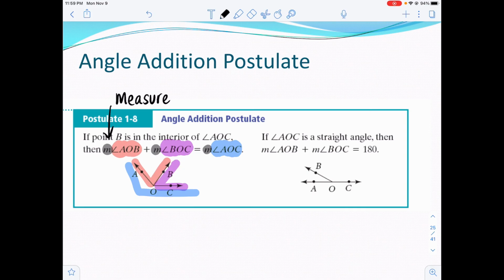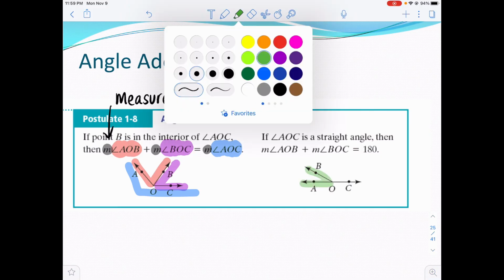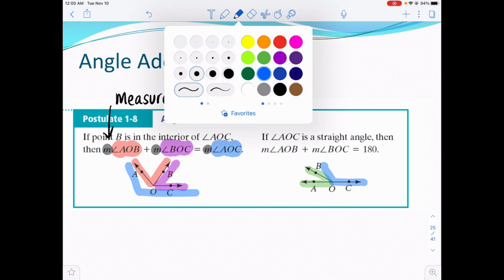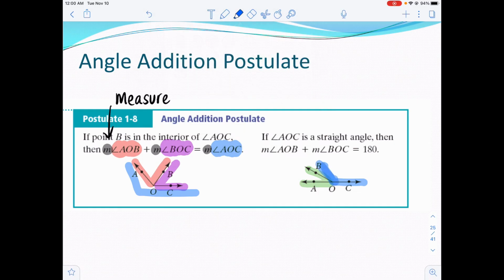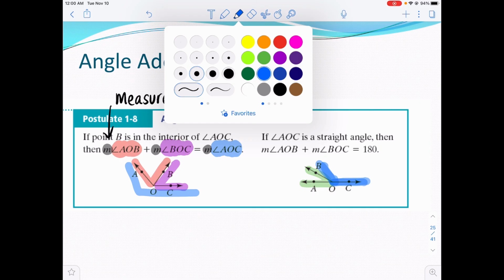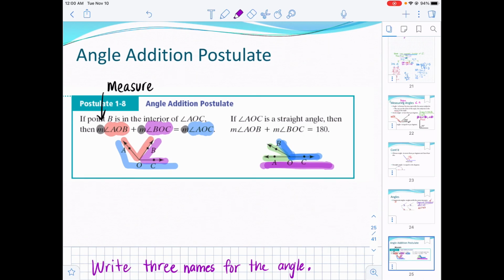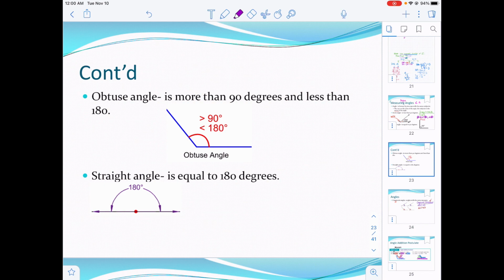All right, the next part of our statement is talking about angle AOB, same concept, angle AOB plus angle BOC. Let me go ahead and fix that up a little bit. Angle BOC is equal to angle AOC. If you look back to our terms, you can notice that angle AOC looks very familiar and it looks like the straight angle that we have here, right?